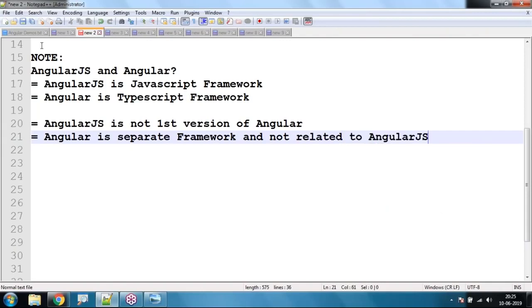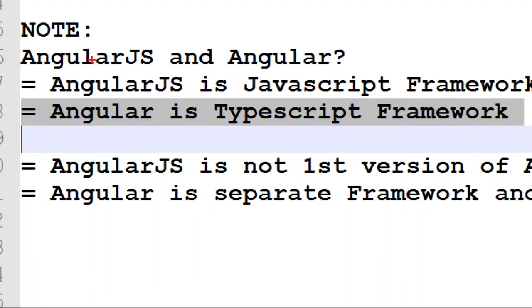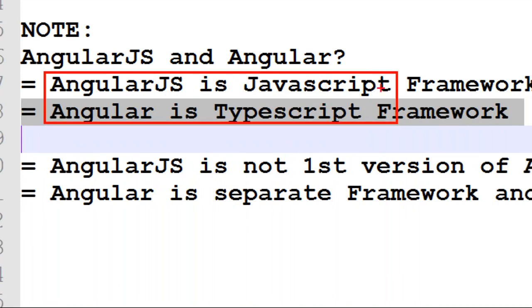So this is the first thing we have to understand. Angular JS is a JavaScript framework, whereas Angular is a TypeScript framework. Both are not the same, so we have to note this point. We'll also understand what TypeScript is, and what the advantages are of developing dynamic web applications using TypeScript when compared to Angular JS, JavaScript, or any other JavaScript libraries.